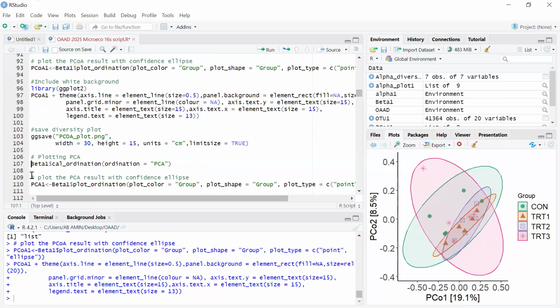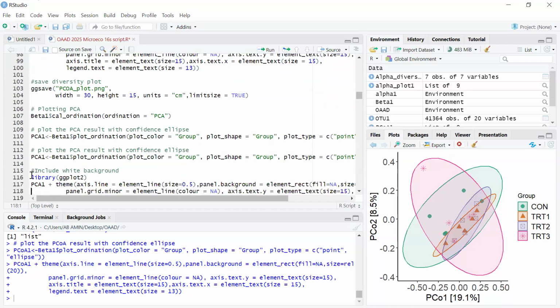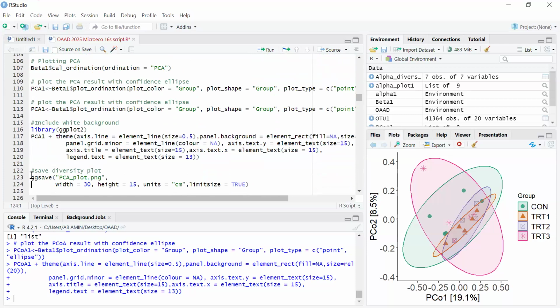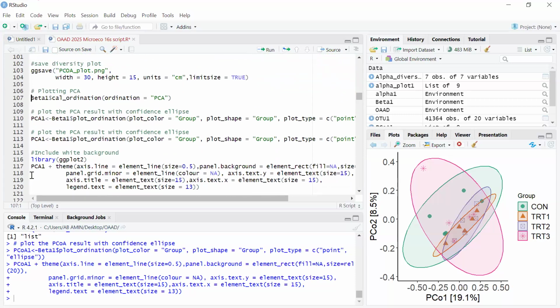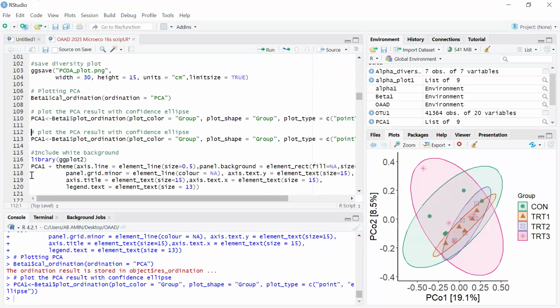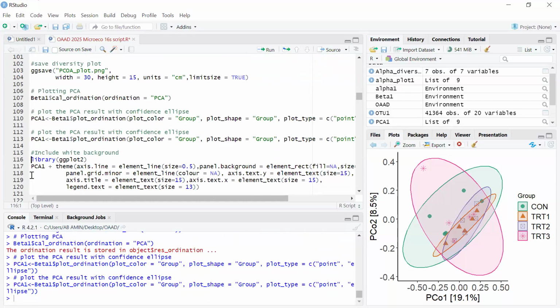I stand to be corrected. So we can run the PCA, but that one is calculated based on Euclidean distances. It's also similar to this, but it works on the raw data. PCoA is more robust when it comes to microbiome data sets. So let me just run it so that people can see, there is not much difference.